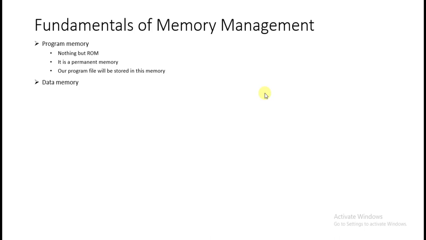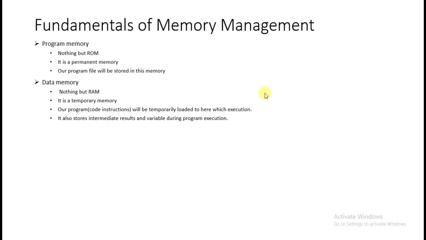And second one is data memory, which is nothing but RAM, random access memory. It is a temporary memory. While executing our code, the code instructions will be temporarily loaded to RAM, and it also stores intermediate results. For example, if we are performing some arithmetic operations, that temporary result will be stored in RAM, and also it stores the variables during our program execution.